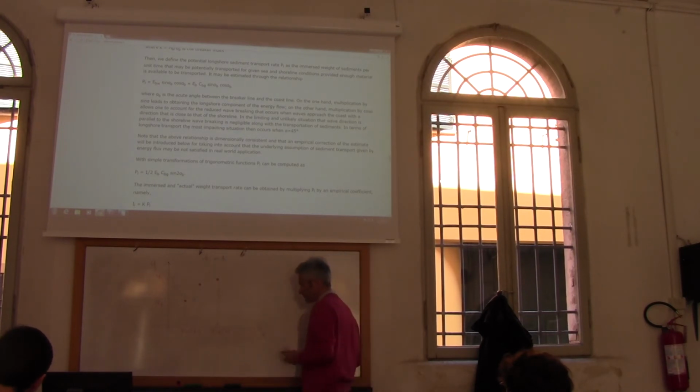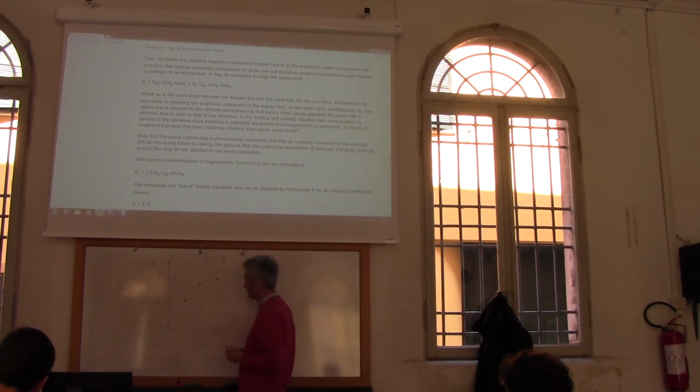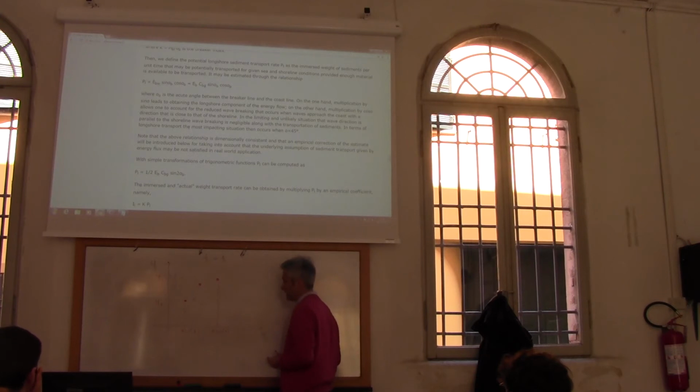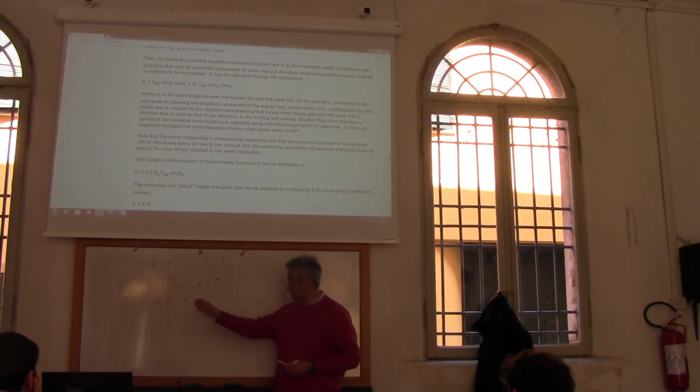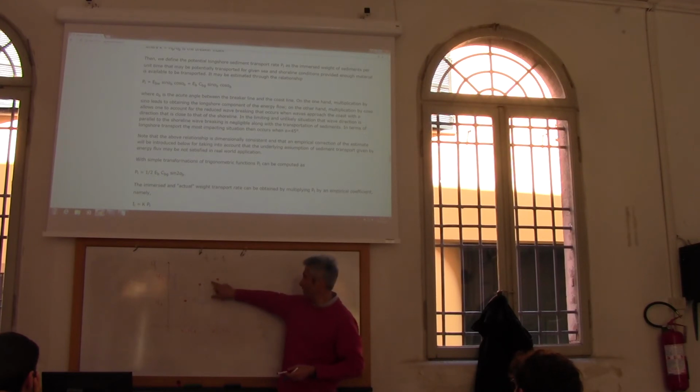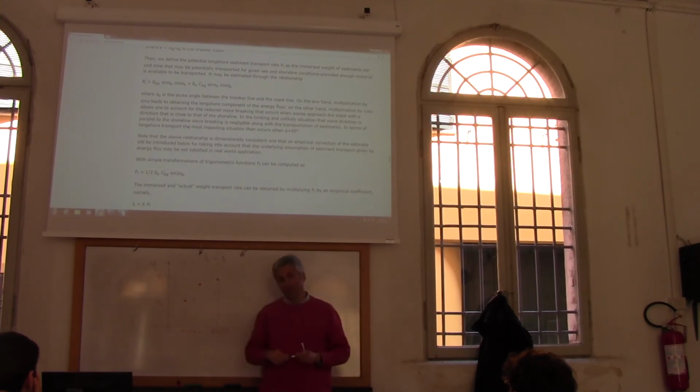Now, I need another angle, which is the angle with the shoreline. And look, the direction of the shoreline is continuously changing. You have here one direction between the first 2 points and another direction between the other 2 points. It's better to estimate a local average direction.